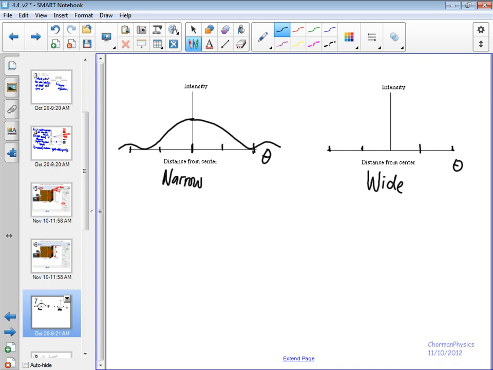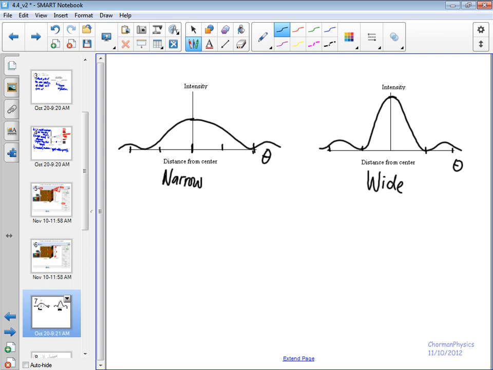For a wider slit, we have a bit higher of a peak. So there we go. Again, not drawn incredibly well. Those should be equally spaced here. So let me just draw that part right there. There we go.